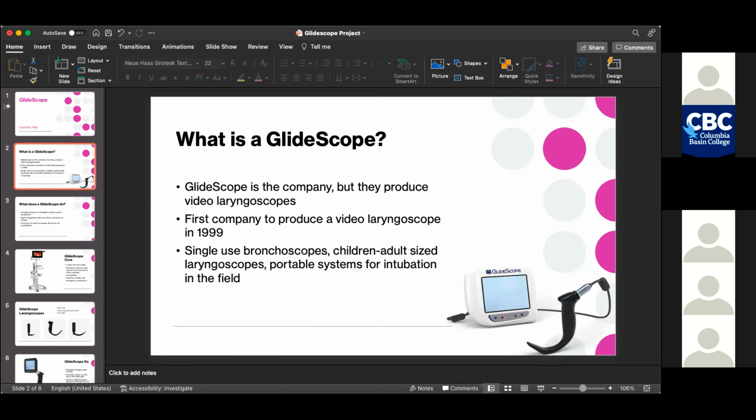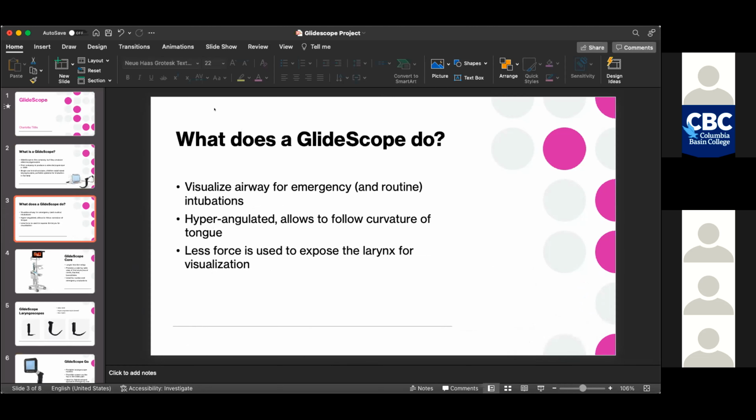They have single-use bronchoscopes, children to adult-sized laryngoscopes, and little portable systems for intubating out in the field. And what does it do? It visualizes the airway for emergency intubations, and also routine.